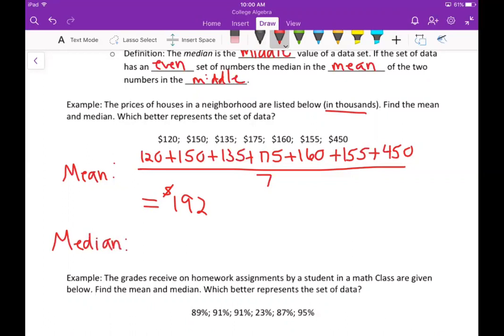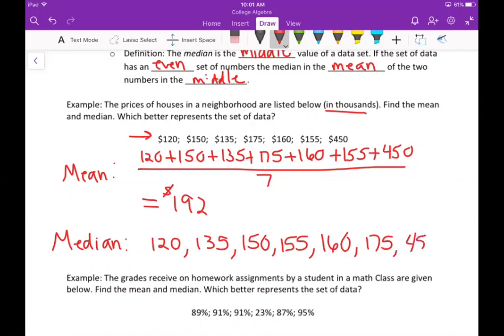Now, don't just go find the middle of the numbers in the list up here, because you'll notice these numbers are not in order. So I'm going to first list them in order, from smallest to largest. If you do that, you've got 120, then 135, then 150, 155, 160, 175, and 450.